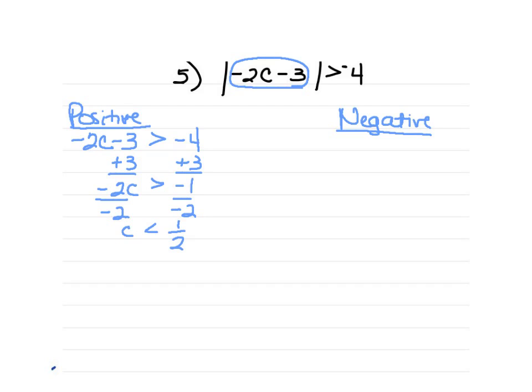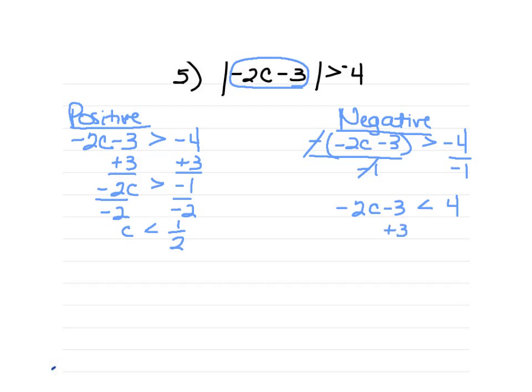Okay, now let's look at the negative scenario. The opposite of negative 2c minus 3 is greater than negative 4. As we divide both sides by negative 1, that cancels out the negative. We have negative 2c minus 3 is less than positive 4. And now let's solve.